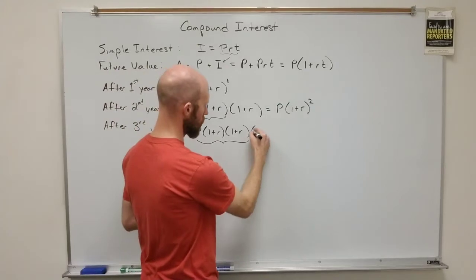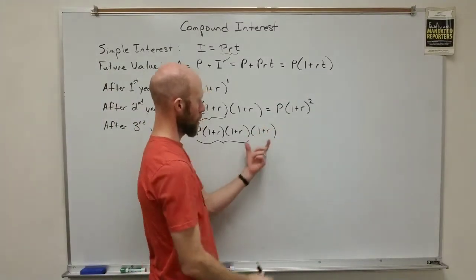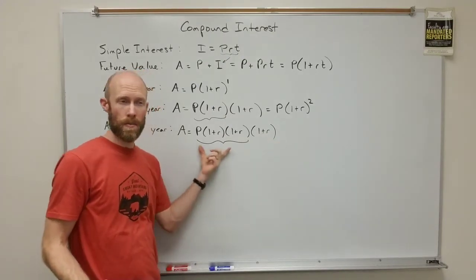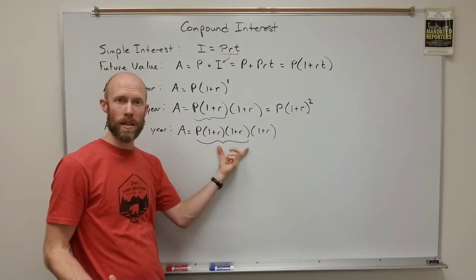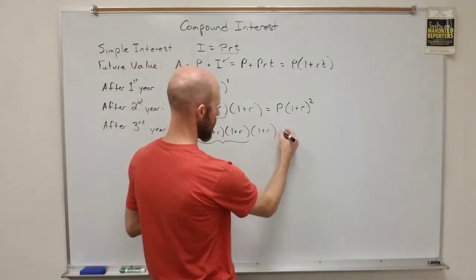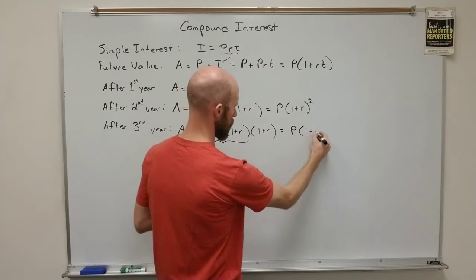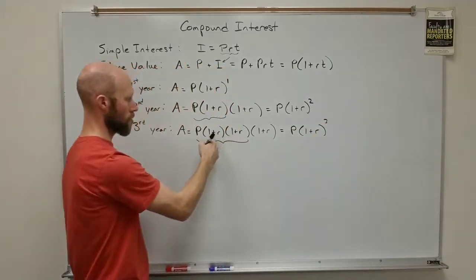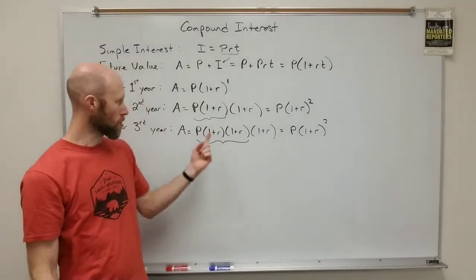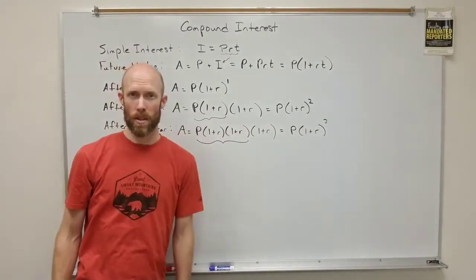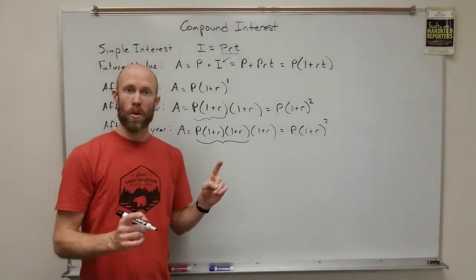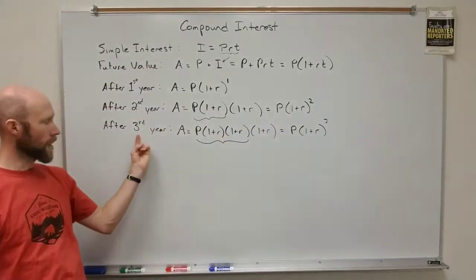And then at the end of the third year, you multiply by another factor of 1 plus R, again multiplying by the rate to the prior amount in the account, and you get the new final value, okay? Now that simplifies to 1 plus R to the third power, because you've got three factors of the same thing, right? Anything times itself where there's three factors is that thing to the third power. And so now what I want you to notice is that there's a correlation between the power and the year, okay?